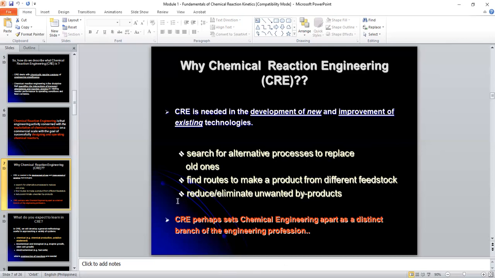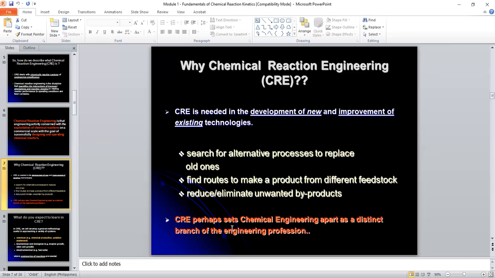And this one, the last bullet that I have written in this slide, is taken from the exact words of the author of our reference book, Octave Levenspiel. So CRE perhaps sets you, chemical engineering or chemical engineers, apart as a distinct branch of the engineering profession.